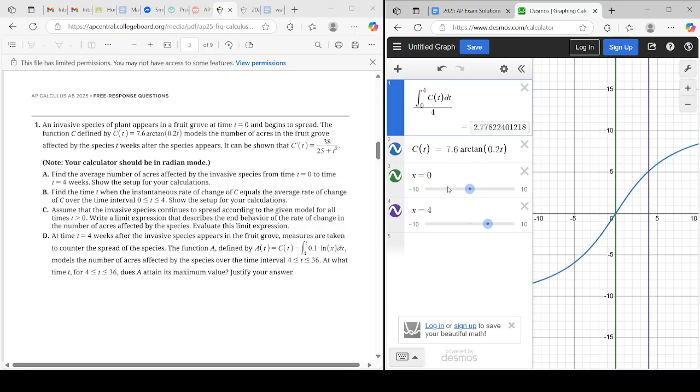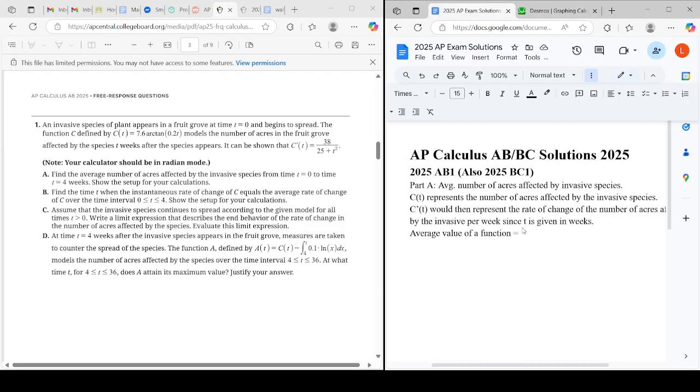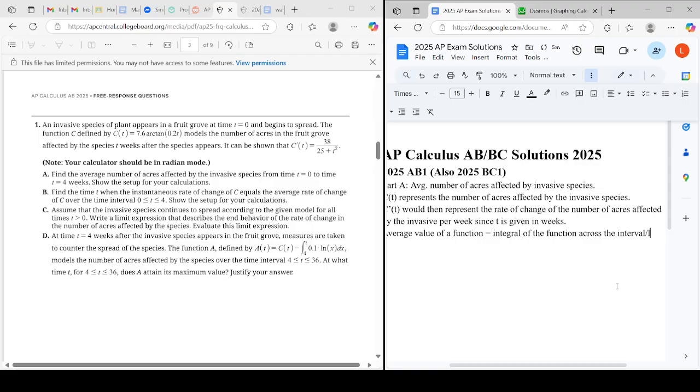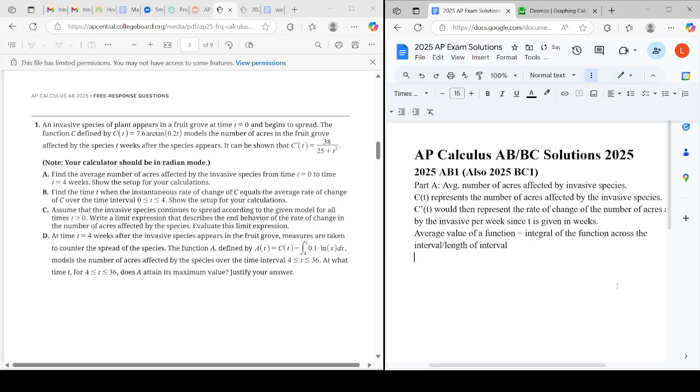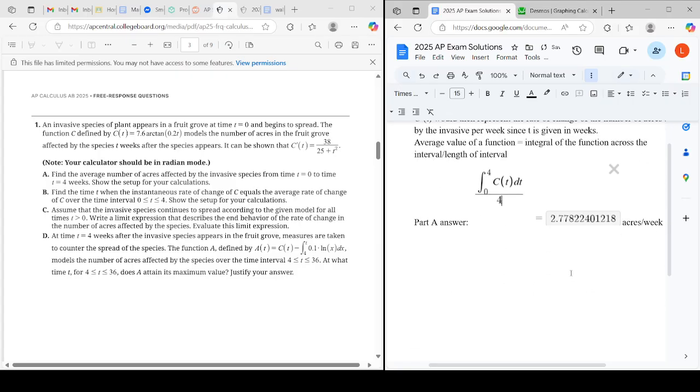So you had this many acres affected in the 4 weeks, which would average out to 2.778 acres per week. I just have it here.